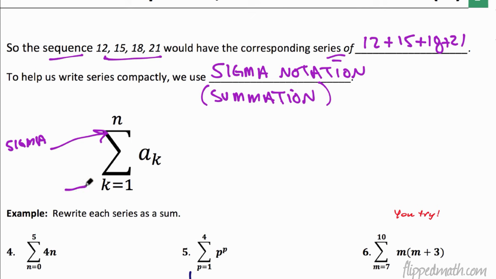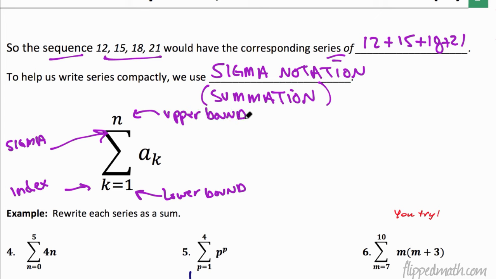So we have K here, which is called the index. That's the letter that you plug into. We have a lower bound, and we have an upper bound. The upper bound is where you stop, the lower bound is where you begin. That makes sense. And you just plug numbers in. Let me show you how it works. Oh, by the way, let's finish this long generalized thing.